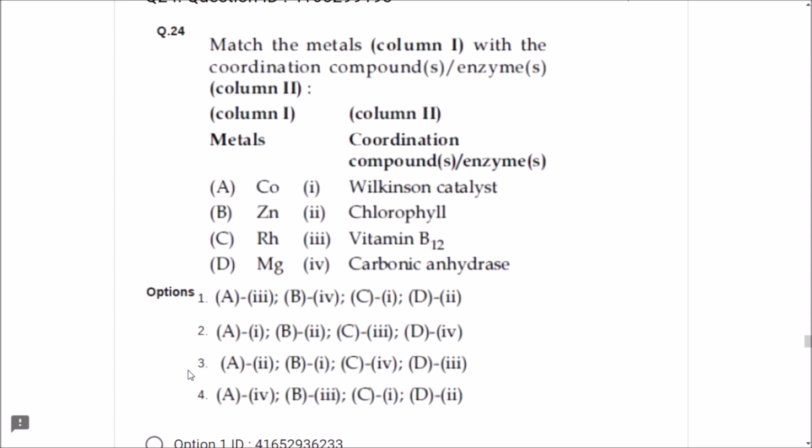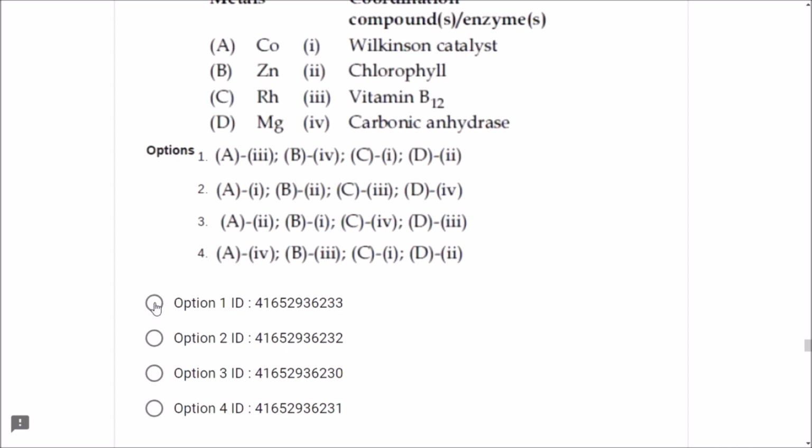Does any other option show A3? No, students. So cobalt belongs to vitamin B12. Let us see remaining options. Zinc, carbonic anhydrase, yes, B4. Rhodium, yes, we all know rhodium is Wilkinson catalyst, C1. Magnesium is chlorophyll. So option number 1 is correct, students.